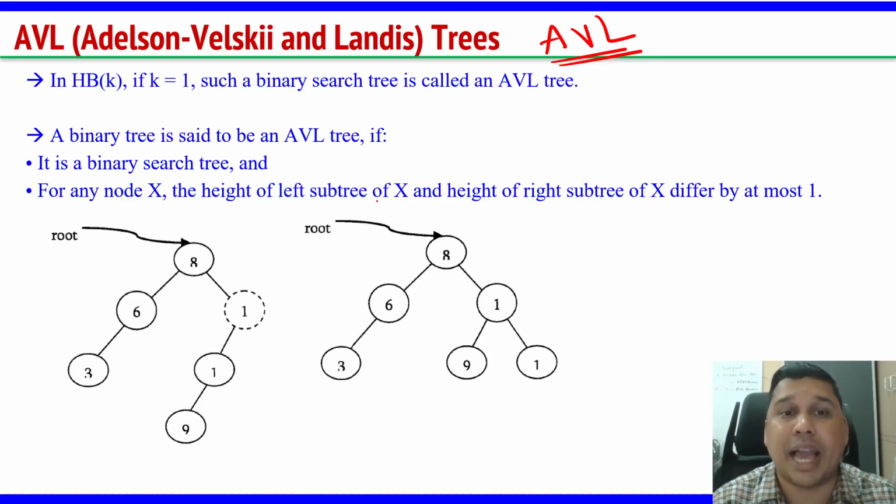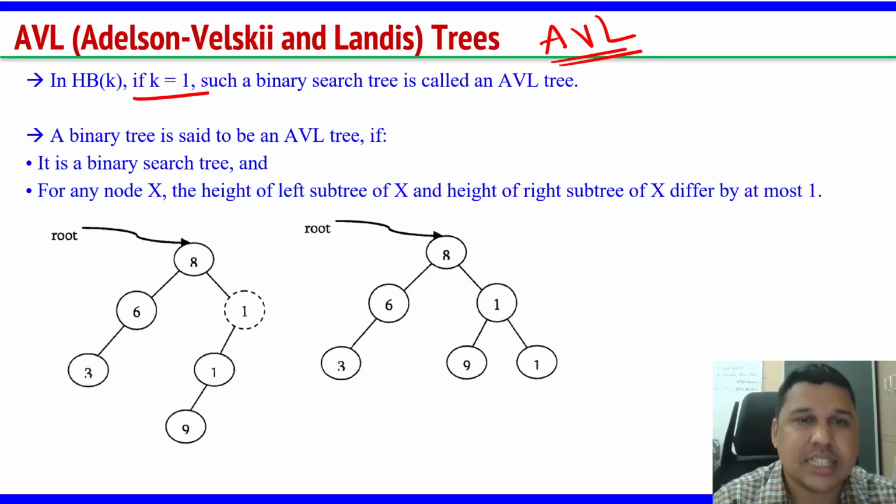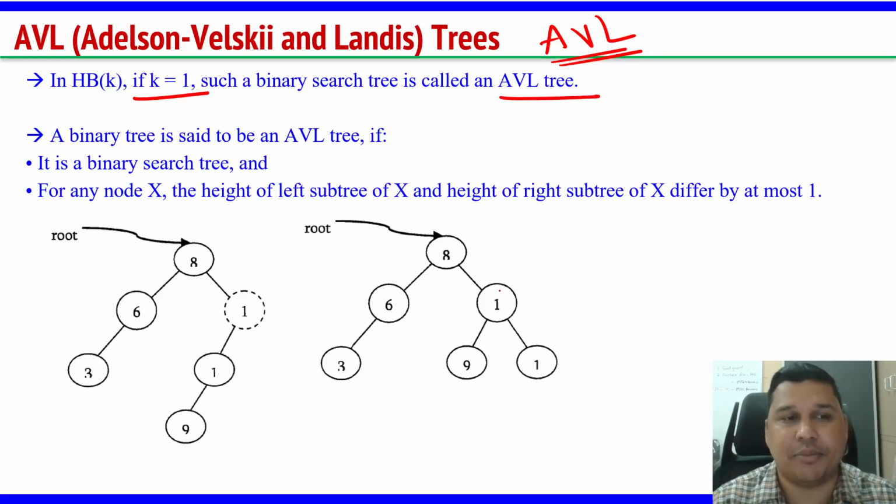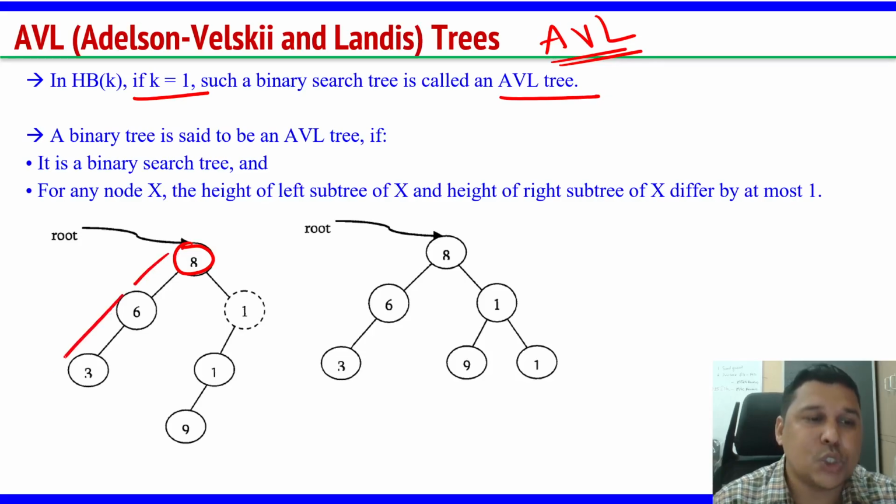If the difference between the left tree and the right tree is 1, such a tree is called an AVL tree. See here one example, if you see 8. For this 8, what is the height of the left tree? 1, 2, right, the height is 2.